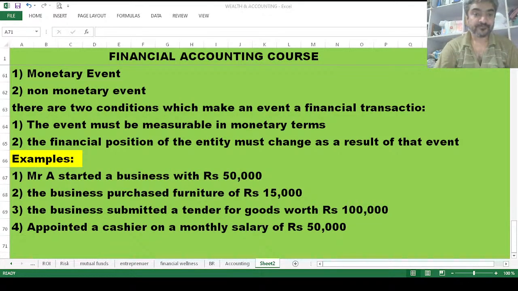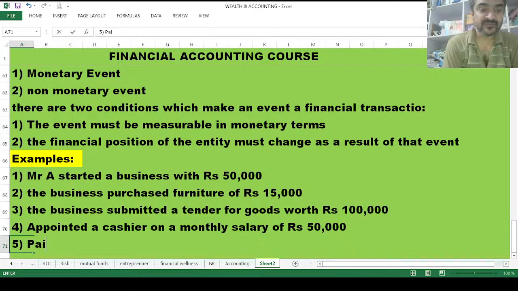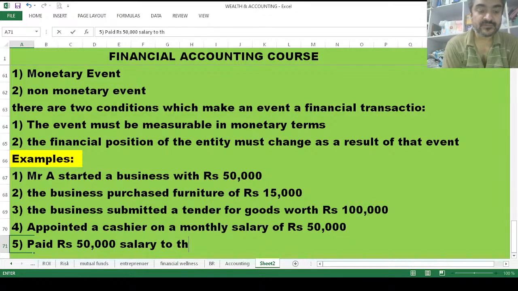Okay, now example number 5. After 1 month, paid rupees 50,000 salary to the cashier.